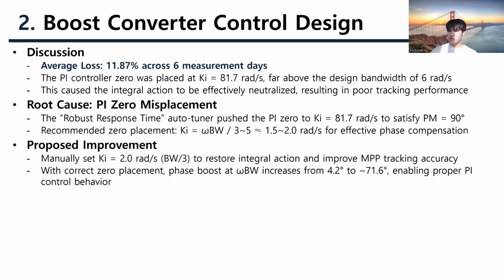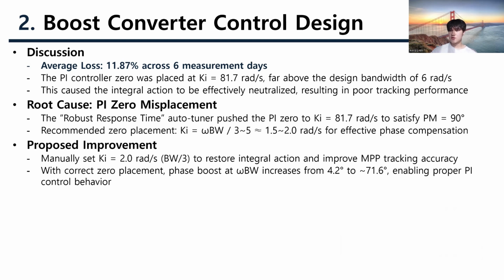The recommended correction is to manually place the PI zero at 1.5 to 2.0 radian per second.